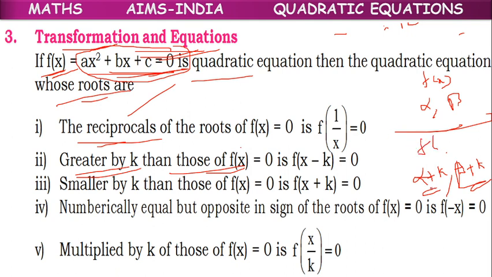As we are adding plus k here, what we have to do? x minus k. The equation will be in the form of x minus k, opposite to this. Okay, f of x minus k equal to 0 will be the equation whose roots are alpha plus k, beta plus k, or whose roots are greater by k than those of f of x.